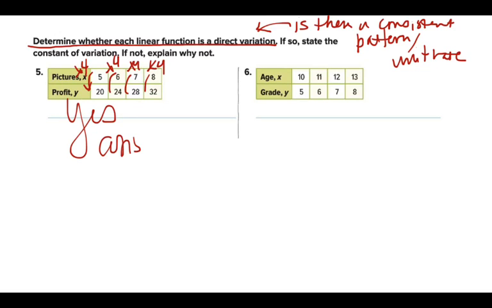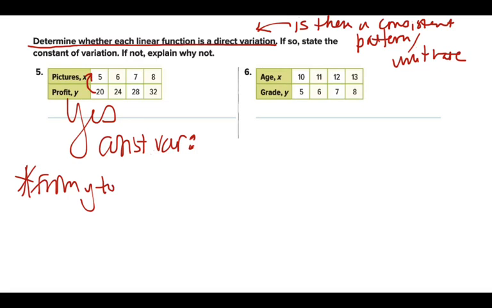Okay. The constant variation is the same as our slope, which is how the y changes over how the x changes. So we actually want to take another look at this. And when you write your constant variation, it's the ratio that we have from the y to the x.